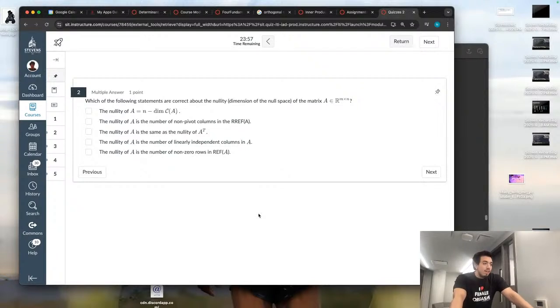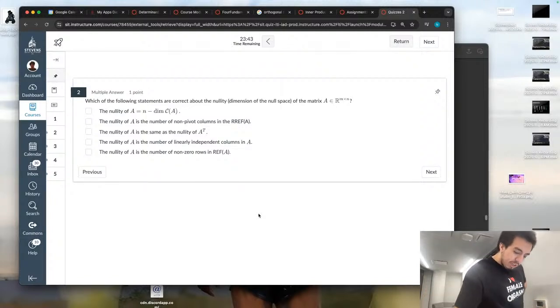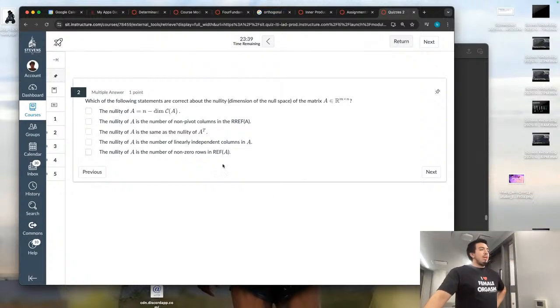Nullity of A equals n minus the dimension. That's equal to the rank, buddy. So n is the number of columns.